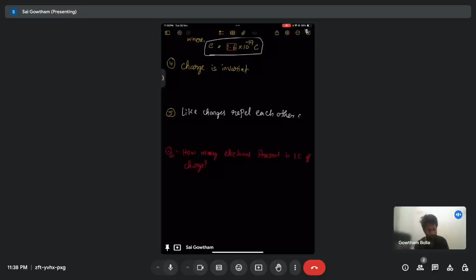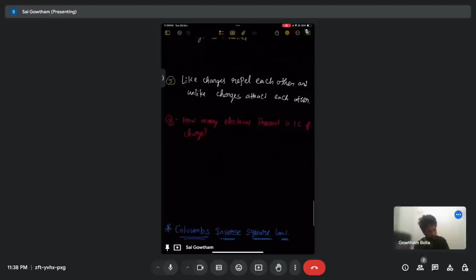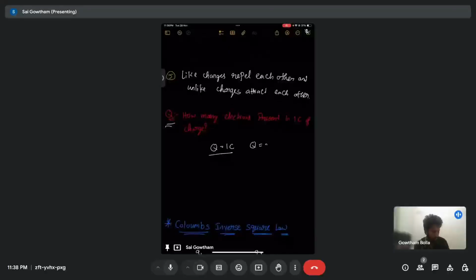Now let us see a question. How many electrons are present in 1 coulomb of charge? Say we have a net charge of 1 coulomb. Now we should find the number of electrons. I had given a formula that Q is equal to ne. Therefore, the number of electrons is equal to Q by e.